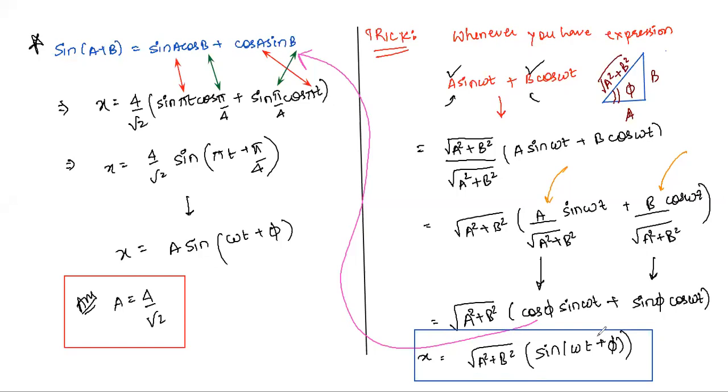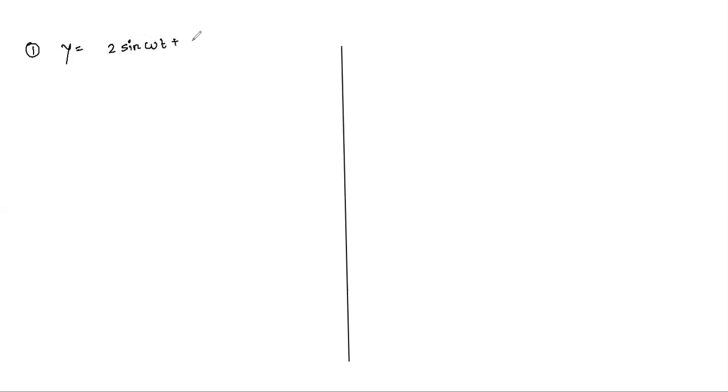So let's say I'll give one more question. Let's say we have y is equal to 2 sine omega t plus 6 cos omega t.